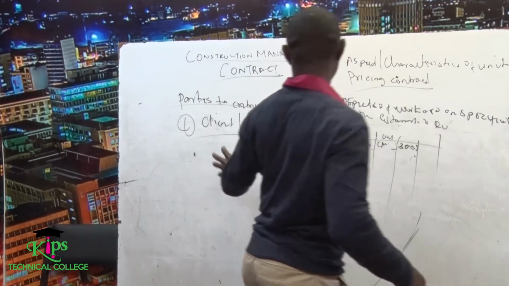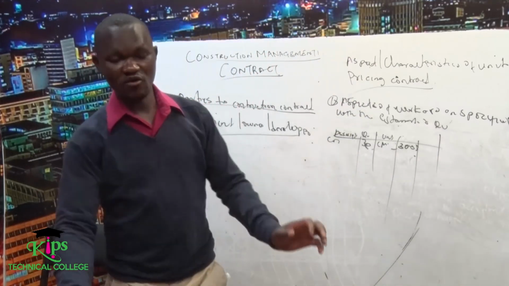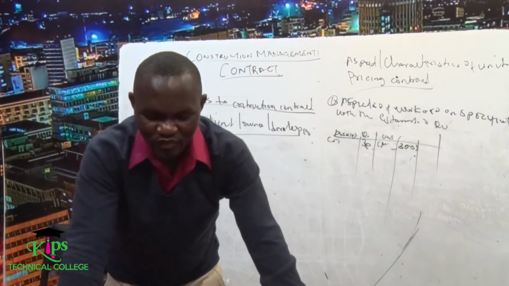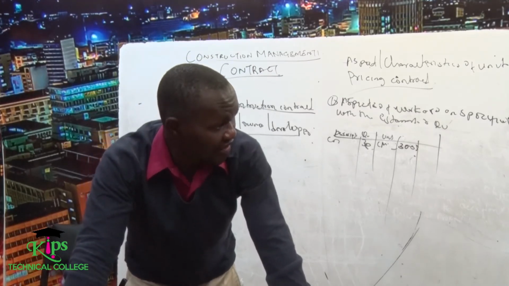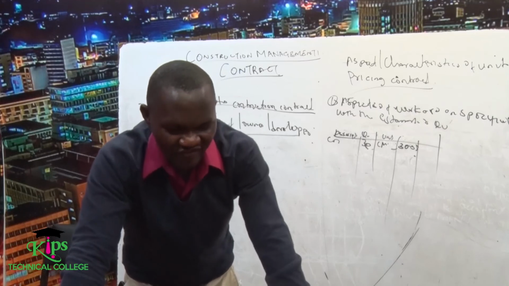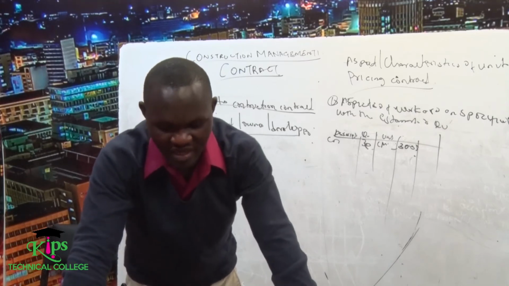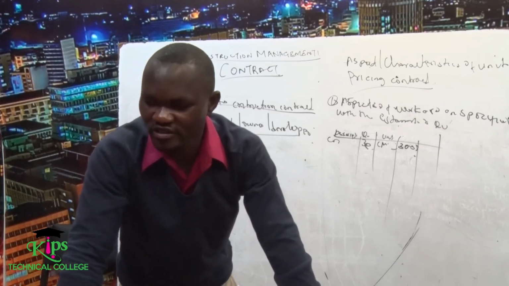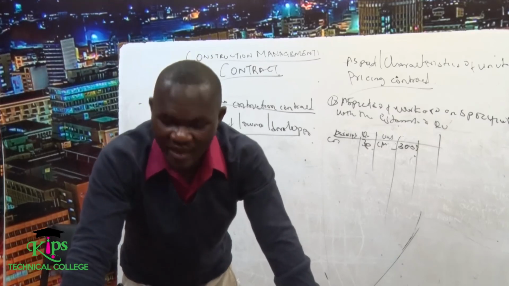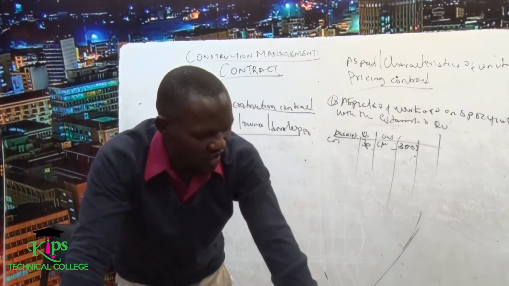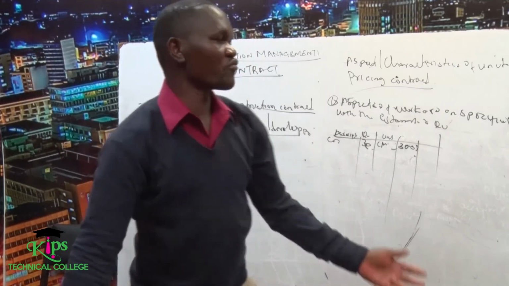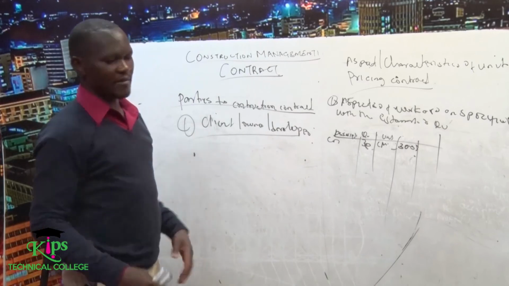He has to get into contact with the architect, since it is the architect who will be giving him the plans. After obtaining the plans from the architect, he has to go into another contact with the quantity surveyor, where the quantity surveyor will tell him the cost of this project.